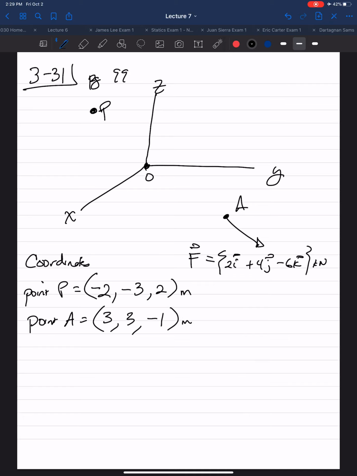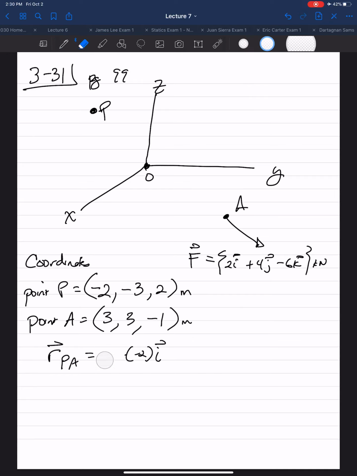So therefore, my position vector PA is just the difference in the coordinates between points A and P. So it'll be 3 minus a -2, i.